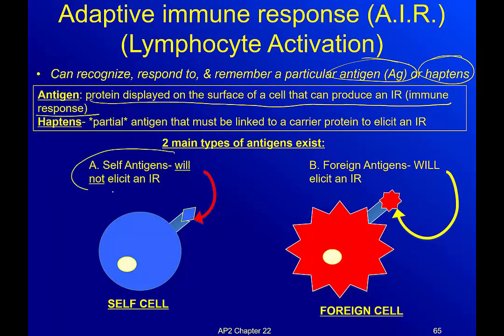We have self-antigens. Remember, I drew that cell and I said I've got a protein that says Ronica, so it's a Ronica protein. So if my immune system comes along and sees that, it goes, oh, that's a Ronica protein. That's perfectly normal. No big deal. That's a self-antigen, and it will not elicit an immune response. Okay, so this will not cause your immune system to react to it.